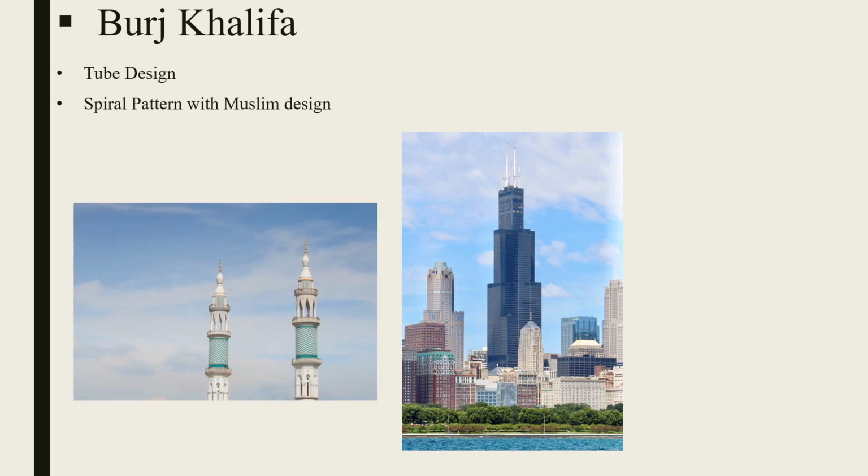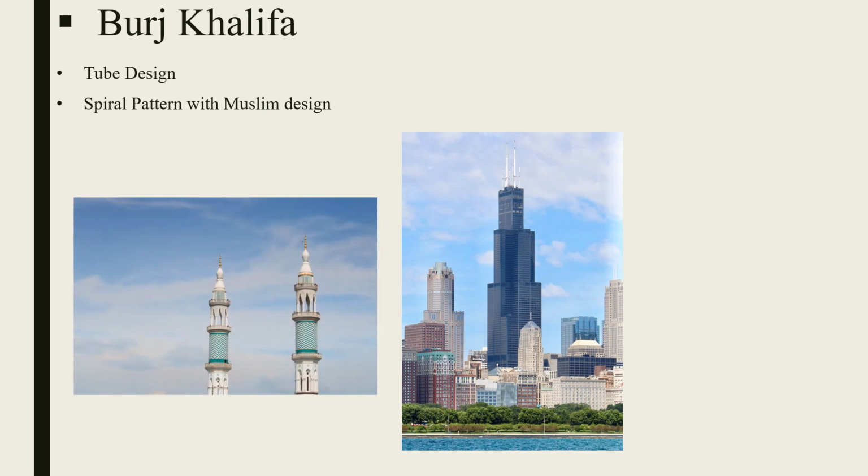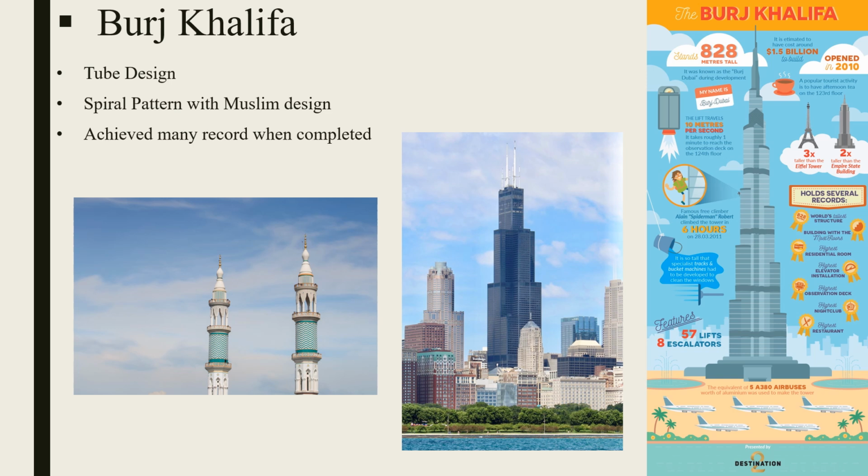They follow the spiral pattern, and after the completion of the Burj Khalifa, it achieved many records, such as the world's tallest tower, the tallest skyscraper, and the world's highest elevator.